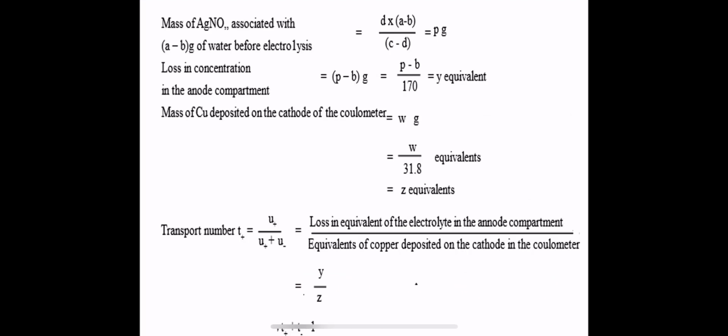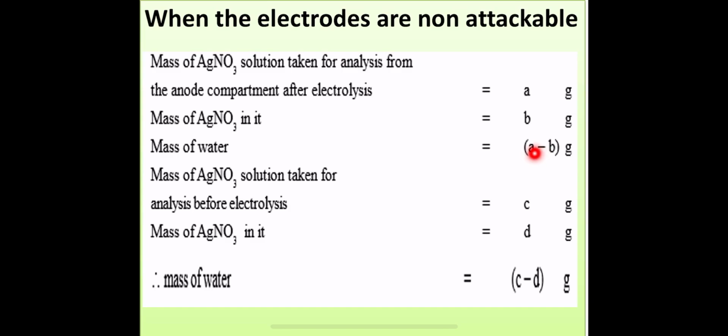Next is the mass of AgNO3 associated with A minus B grams of water before electrolysis. That is equal to D into A minus B divided by C minus D. How we get this: the mass of water after electrolysis is A minus B and the mass of water before electrolysis is C minus D, so we are just doing the cross multiplication.